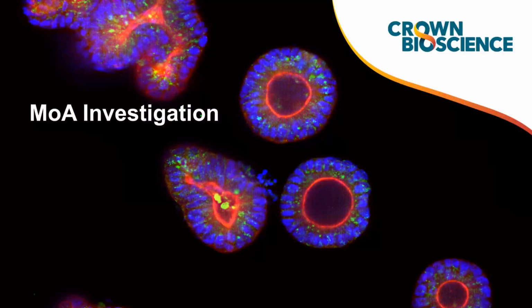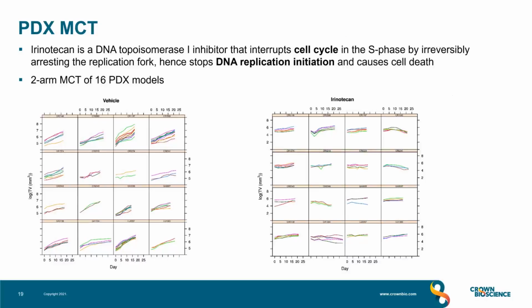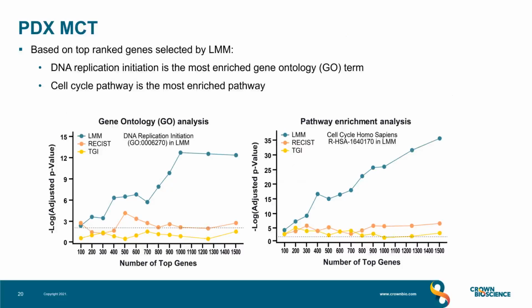Okay, moving to MOA investigation. We first used a 16 PDX mouse clinical trial on irinotecan, which is a DNA topoisomerase 1 inhibitor that interrupts the cell cycle in the S phase by irreversibly arresting the replication fork, hence stops DNA replication initiation and causes cell death. We identified the genes whose expressions are correlated with drug response by three methods: TGI, RECIST, and the linear mixed models.